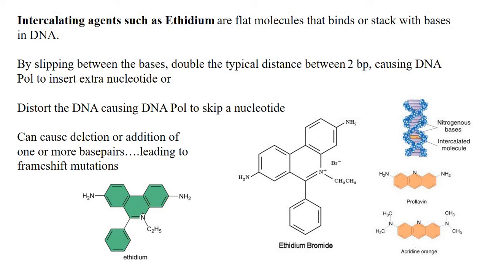In this gap it sits. So typically the distance between two base pairs is doubled, and that causes the DNA polymerase to insert an extra nucleotide, or to skip a nucleotide. So it can lead to addition or deletion of a base pair, and that will lead to frameshift mutations, and that's why it's carcinogenic.